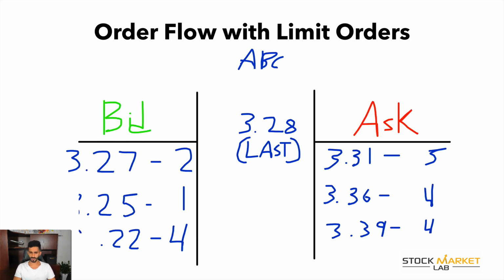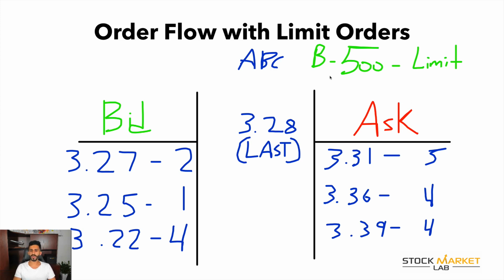Let's break down a limit order. So let's say we take the same example again, okay? We have the same exact example. Let's say I want to buy 500 shares of this stock, and I'm using a limit order, right? If I'm using a limit order, another thing I have to put in is the price I want the stock for.